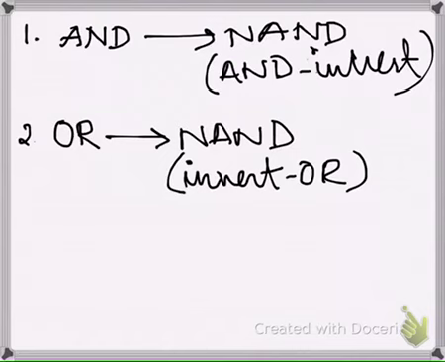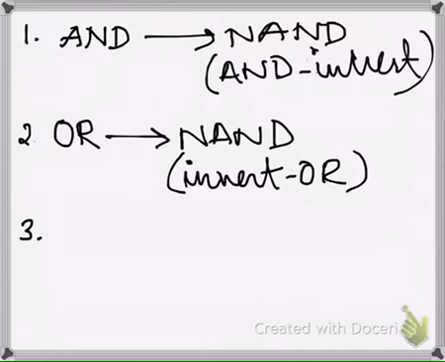So all AND gates we will convert to NAND gates using AND invert, and all OR gates will be converted to NAND gates with the invert OR symbol. And finally, we will check all the bubbles in the diagram.